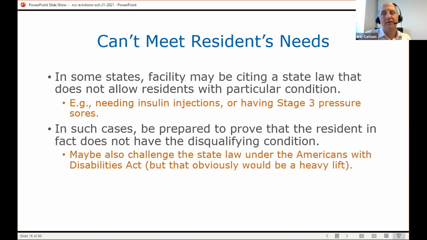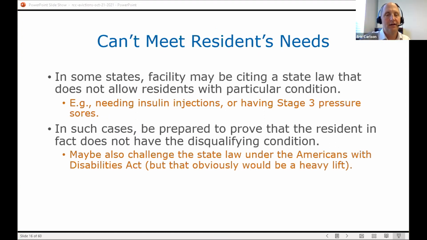It can't meet the residents' needs is a common issue. In some states, the facility is asserting something particular that's laid out in the regulation. There'll be specific criteria in the state reg that says you can only stay in the assisted living facility as long as you do not need this, that, or the other thing.